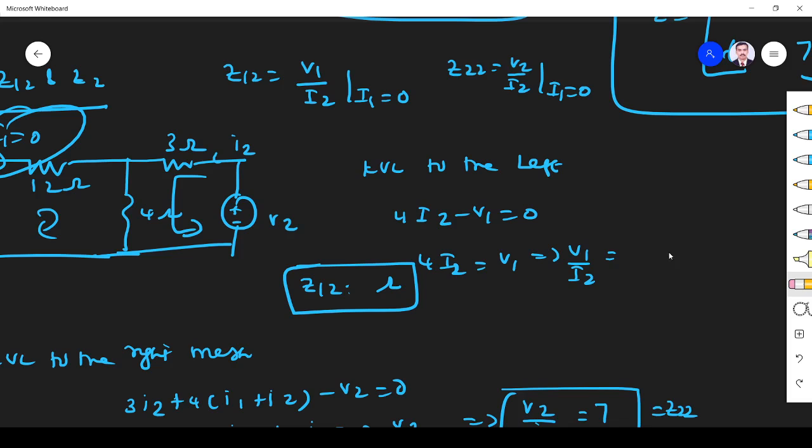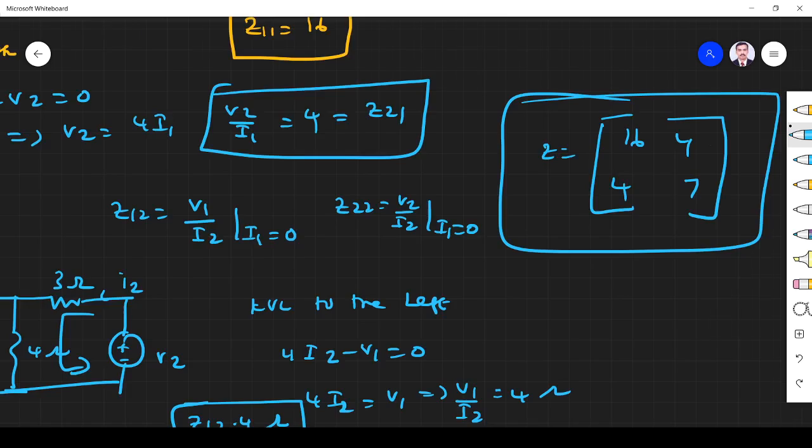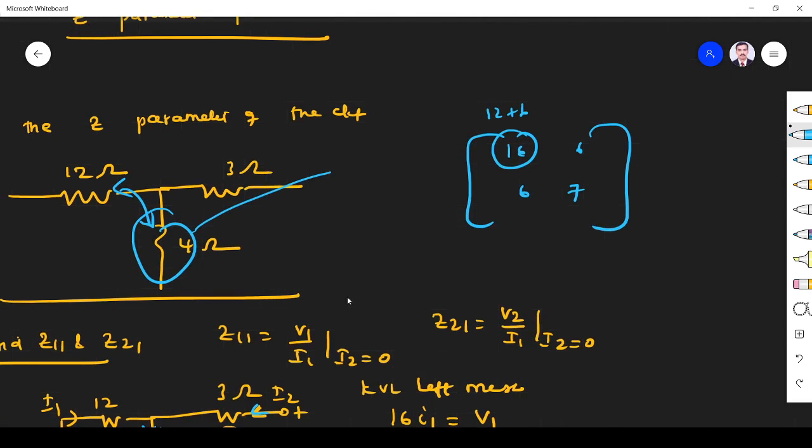So Z12 is the common 4, Z21 is 4, Z22 is the sum of these two, 7. In this way we can solve this problem in the shortest way. If you want to check the answer, just find it.